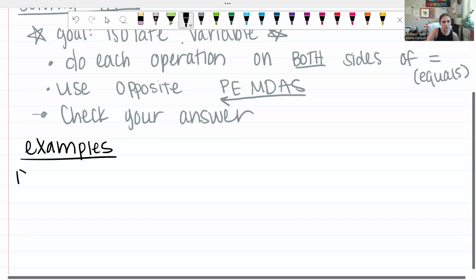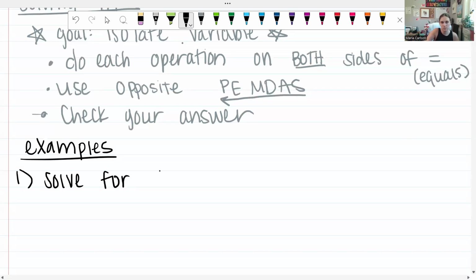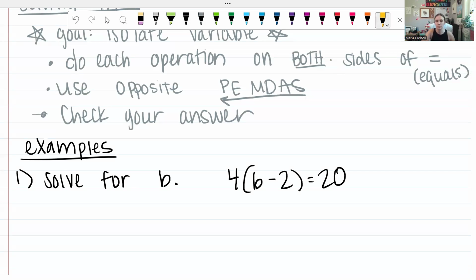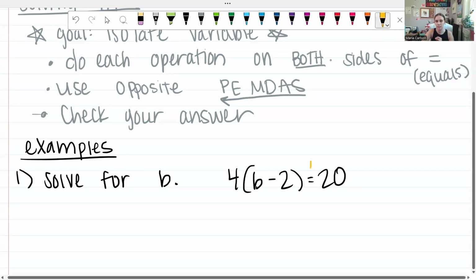Number one, we are going to solve for b. And we have 4b minus 2 equals 20. And the fun part about this problem, looking at the left-hand side of my equals sign, I notice that I have 4 times b minus 2.